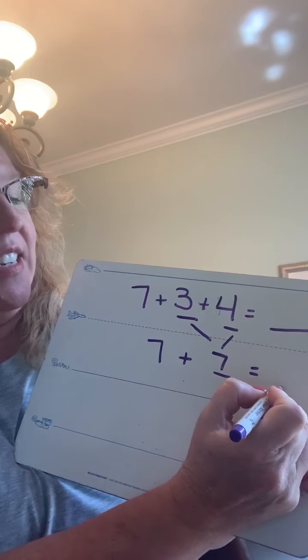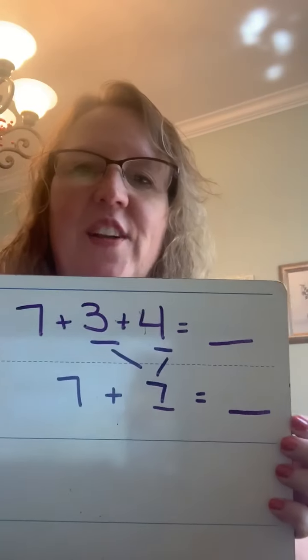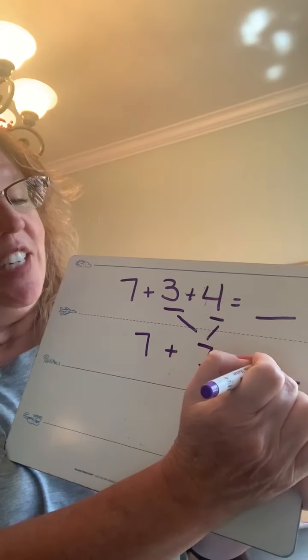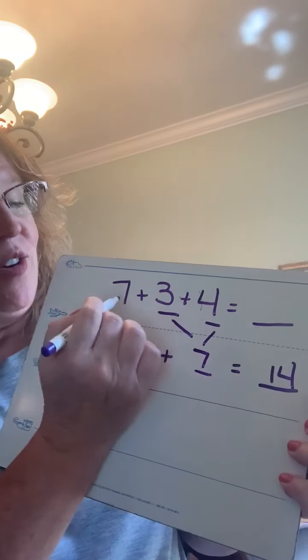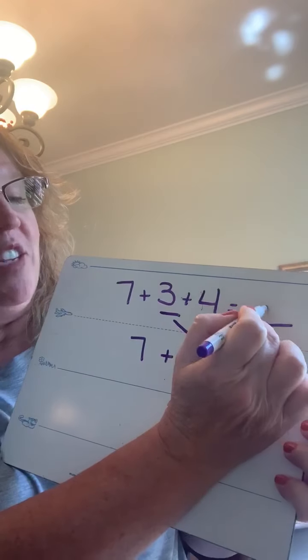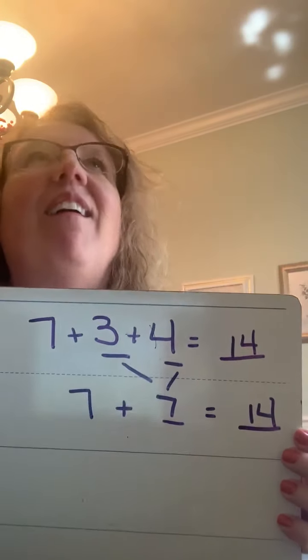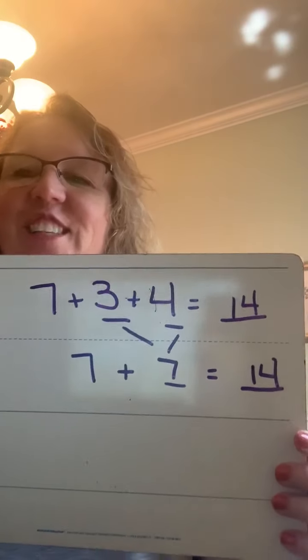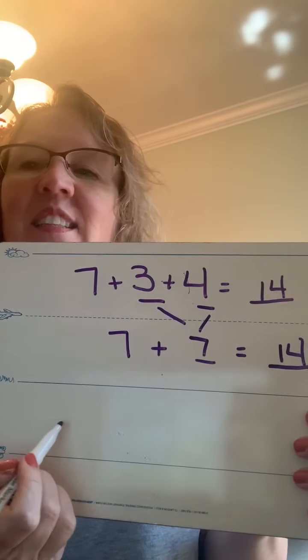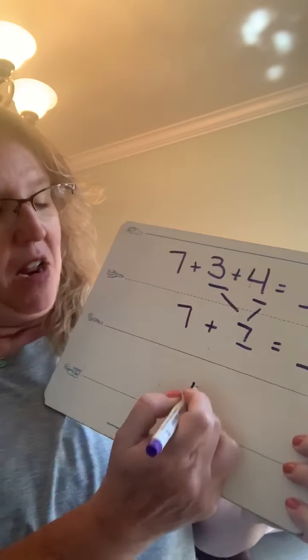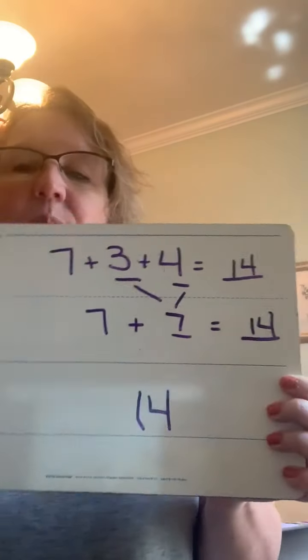Hey, that's a double. What's 7 and 7? 7 plus 7 is 14. So 7 plus 3 plus 4 is 14. Is that the same thing we found in the other one? It is. So the sentence down at the bottom says the children pick up, and then you need to write in 14 pencils.